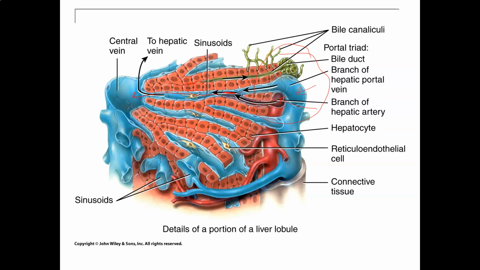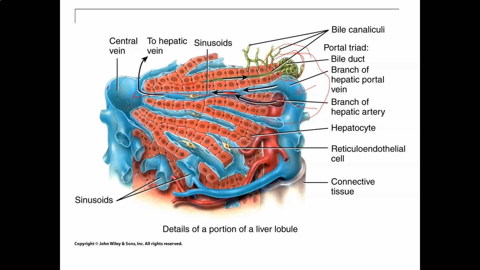The liver also makes bile. So the third part of the portal triad here is a branch of the bile duct. Bile is used to break up larger fat globules into smaller ones so that your lipase enzymes can get at them. So bile is for emulsification.